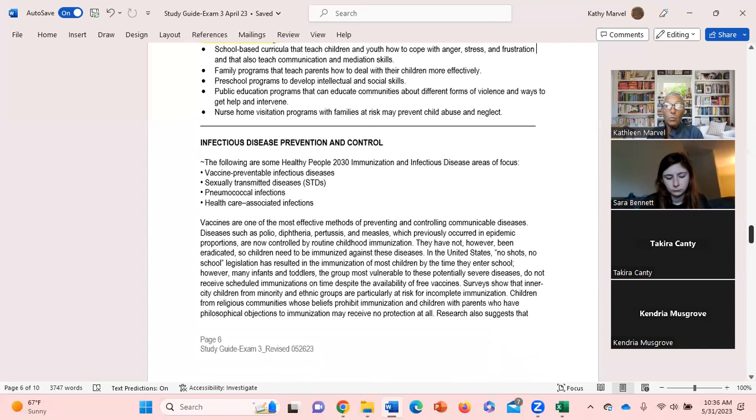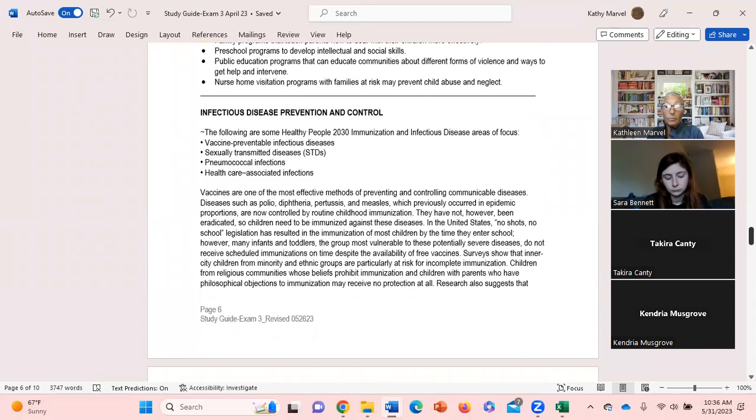Infection control, infectious disease prevention and control. Okay, the following are some of the Healthy People 2030 immunization and infectious disease areas to focus on. STDs, pneumococcal infections, associated infections, vaccine preventable infections.